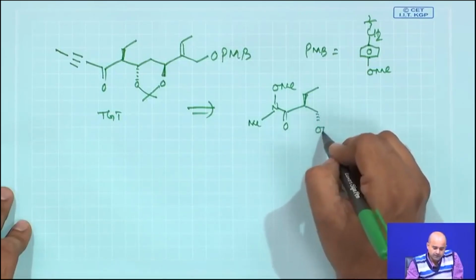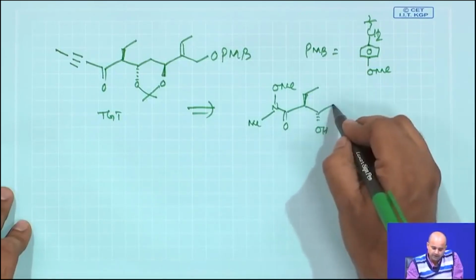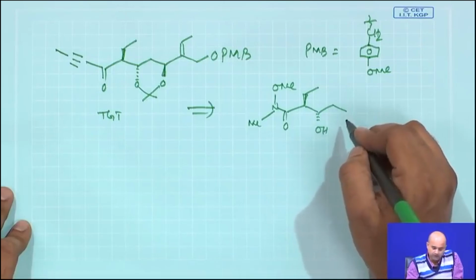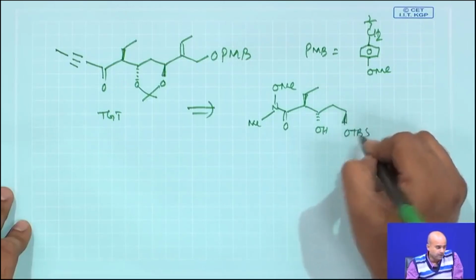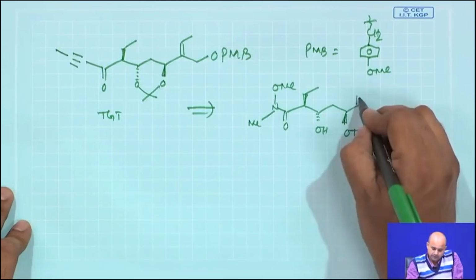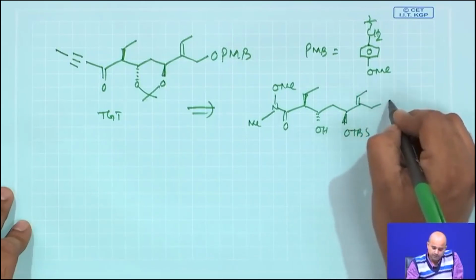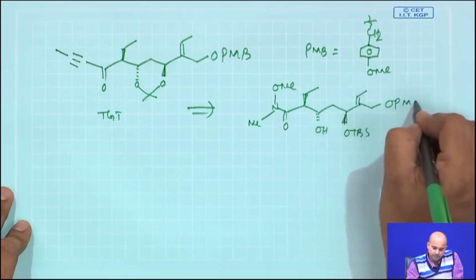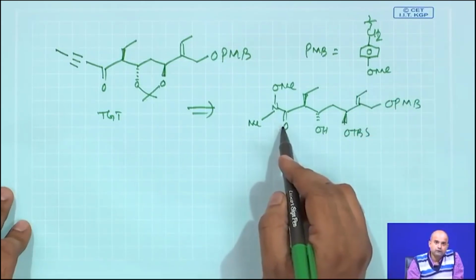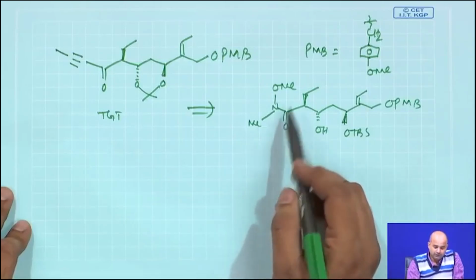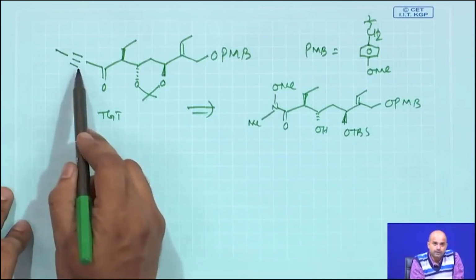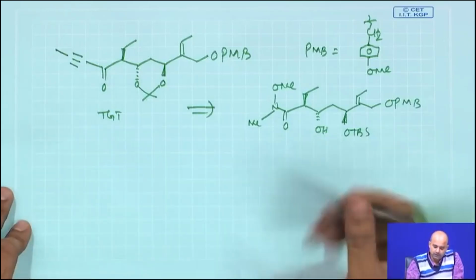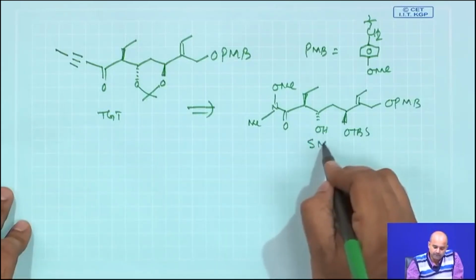Probably just by seeing the structure on the left hand side, you can easily find out how the structures have been correlated with this target molecule by simple FGI. Now, what is this? This part is your Weinreb amide. So, for this ketone introduction we will be using a Weinreb ketone synthesis. That is why the starting material was given.